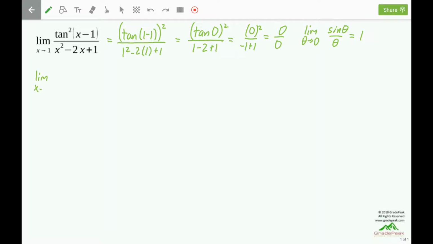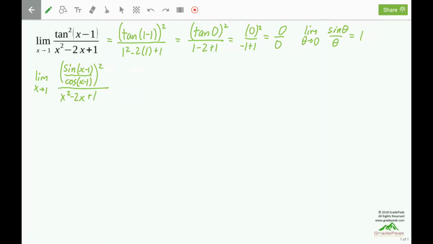And that means we will need to rewrite the tan squared of x minus 1 into sine of (x minus 1) divided by cosine of (x minus 1), and then its quantity squared, all of that over the denominator of x squared minus 2x plus 1.